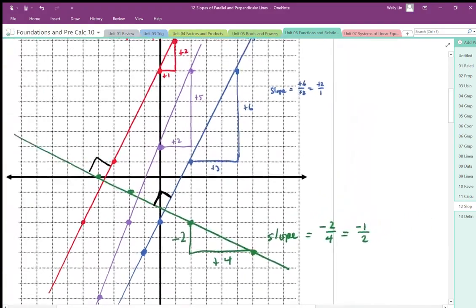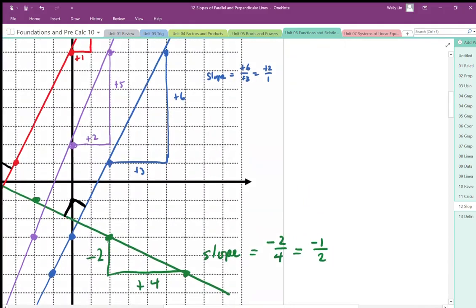So how does that slope compare to the blue line? This is +1 to 2. This is -1 to 2. So there looks to be some sort of connection here. What's happening to the vertical? It looks like it becomes now the horizontal.